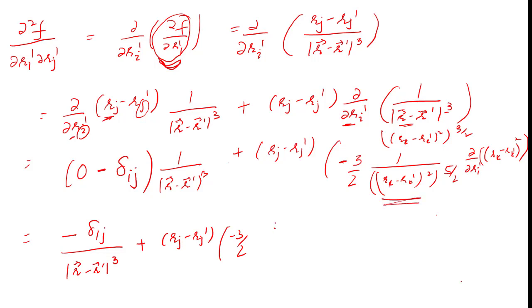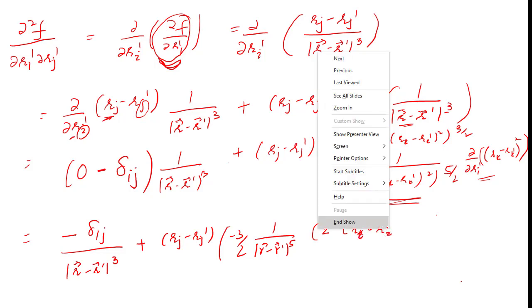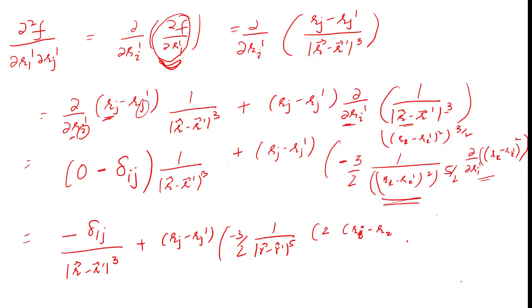Here in the denominator I have |r − r'| to the power 5, and here I would get 2 and ri minus ri' times −1.